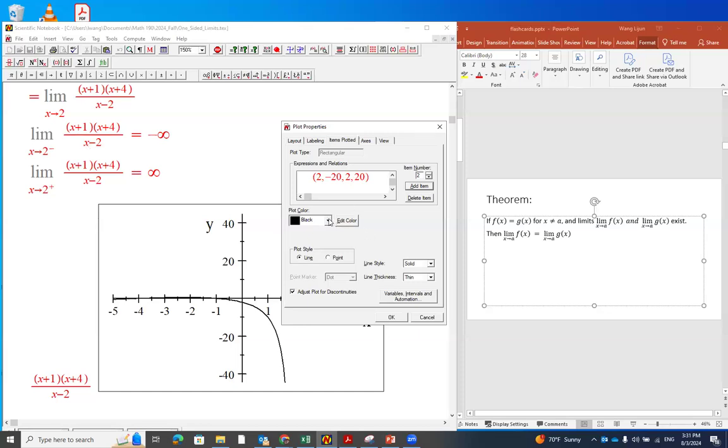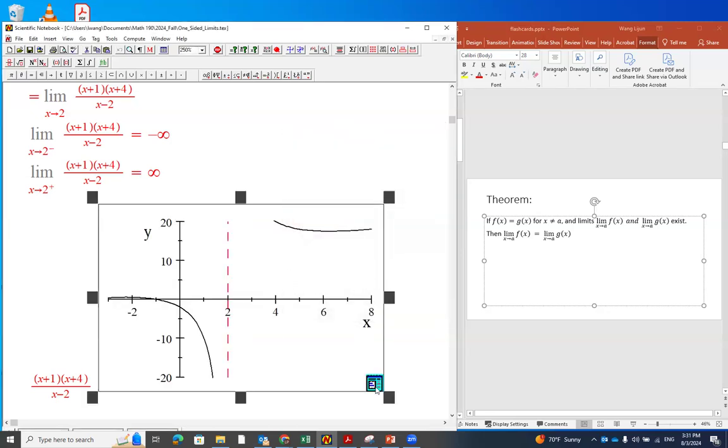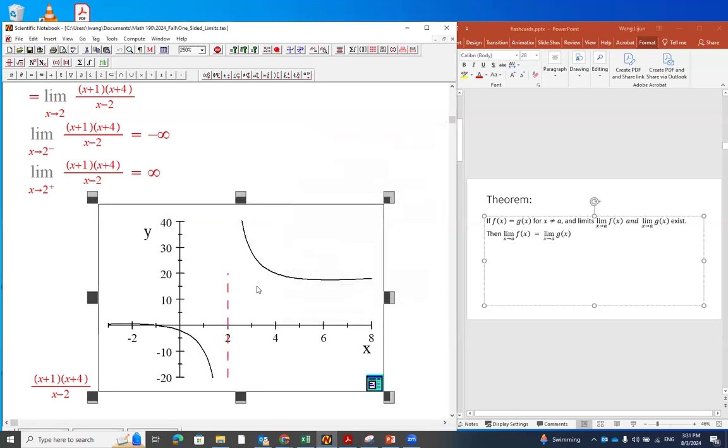So you can see this vertical asymptote pretty well. And also, it is not defined right there, right? So our algebraic knowledge will help us to understand that. So let me just give you a little more view on the higher up. Vertical asymptote.